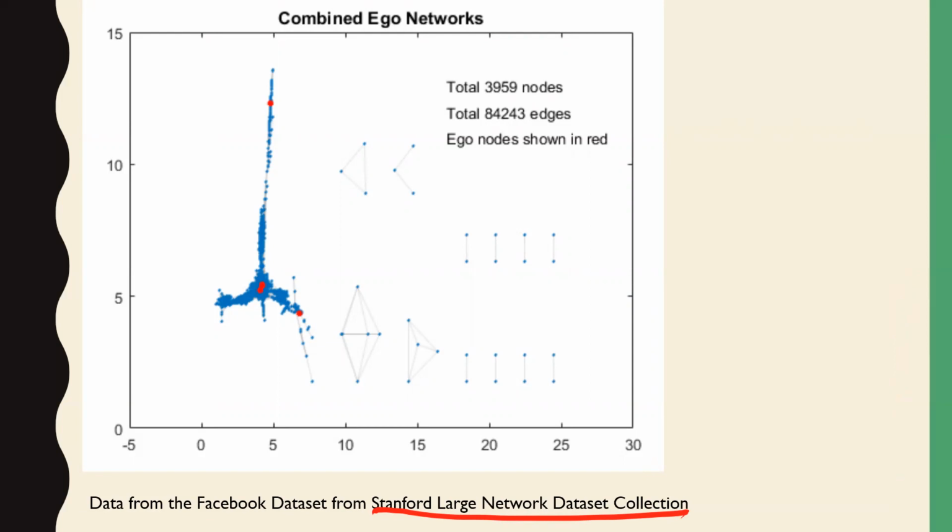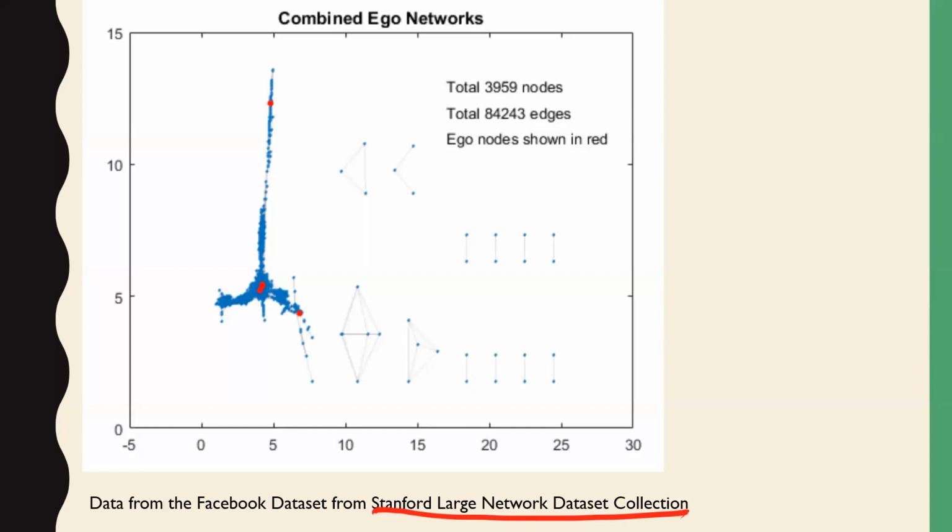So ibig sabihin, pinalitan nila instead of actual pangalan ng mga tao, inassign nila ng identifier number, tapos friendship yung ginawa nilang connections. In reality, you can define some other, or you can associate them using other relationships. Hindi kailangang Facebook friendship lamang yung i-consider.